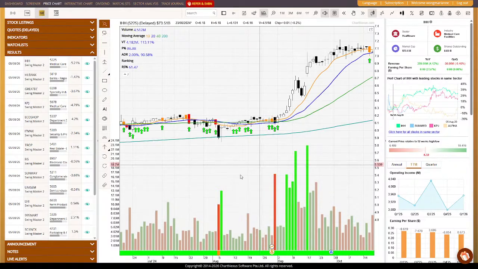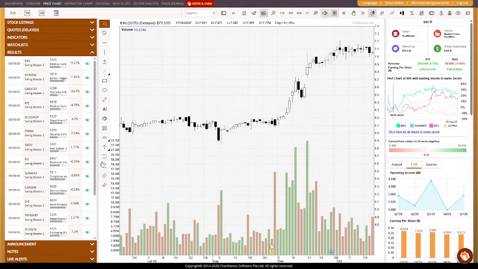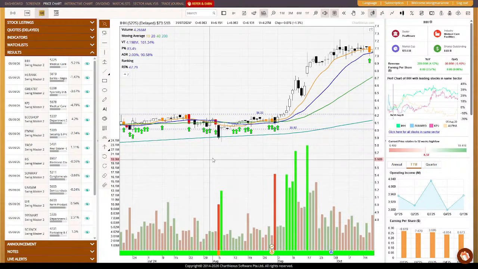Now that you understand, just now, without Swing Master, I just drew these lines. I plotted here and said that it was trading in this range, and then eventually it broke out. Now let me plot in this Swing Master template.